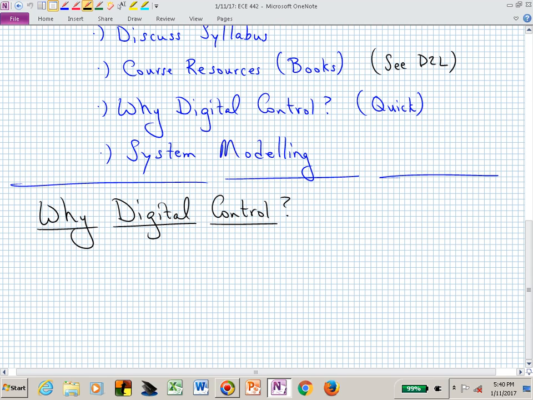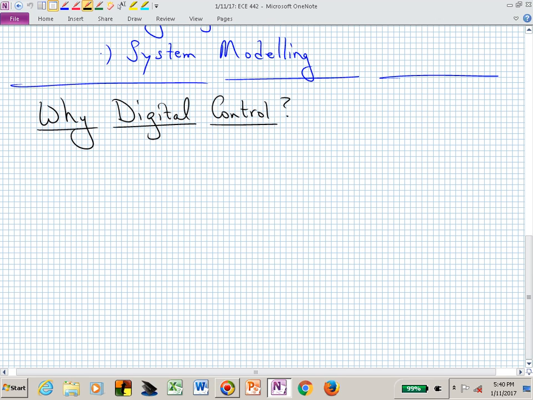Why digital control? And now we get to start drawing. Our system, and here we sometimes refer to that as a plant. That's not something that's green and has leaves, but it could, I guess.